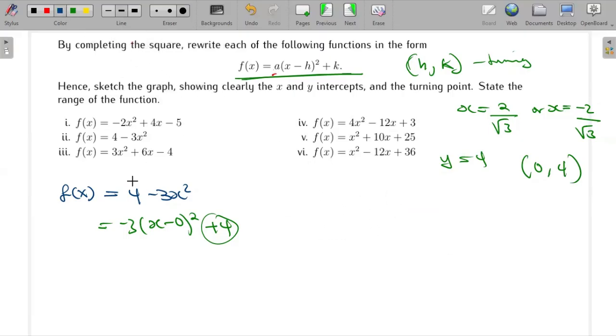Yes. How did you get your turning point to be 0? Okay, so remember a turning point is a point that has the x coordinate and the y coordinate.